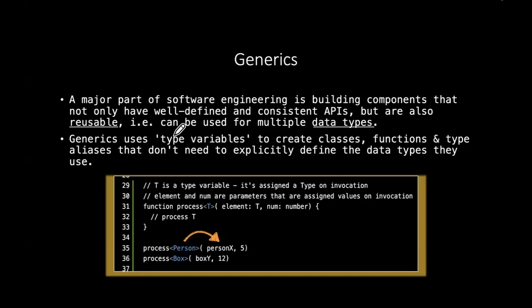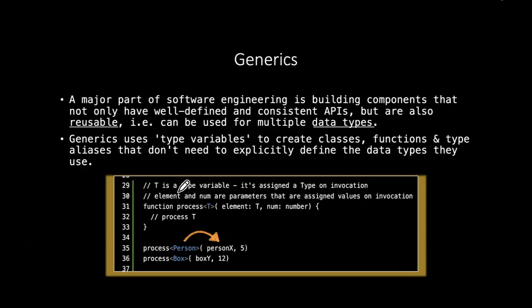So we have this notion of a type variable, which sounds kind of contradictory. Up to now, when we talk about variables, we talk about them as having a type, but now we're talking about a variable whose value is actually a type rather than an actual literal value.